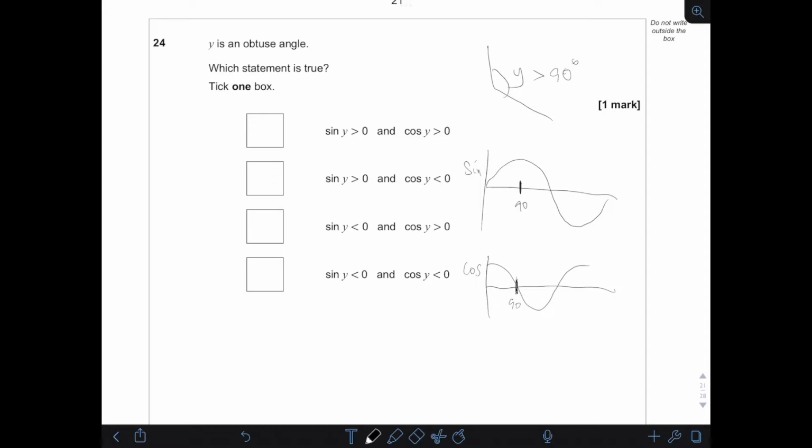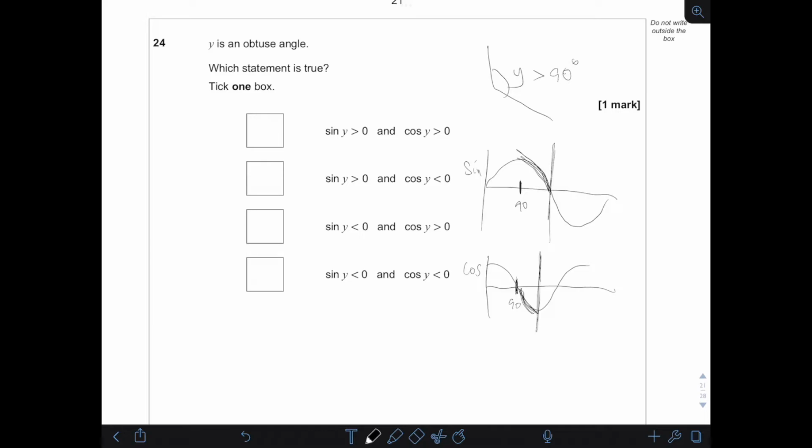If it's obtuse, it's greater than 90 degrees and smaller than 180. So it's smaller than 180 down here. So it's somewhere down this stretch and somewhere up this stretch, right?